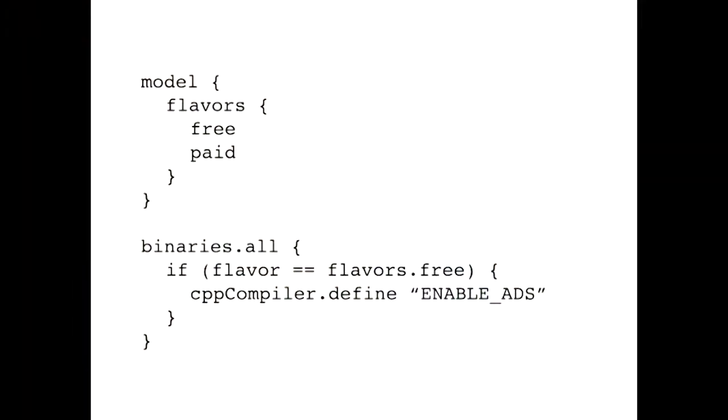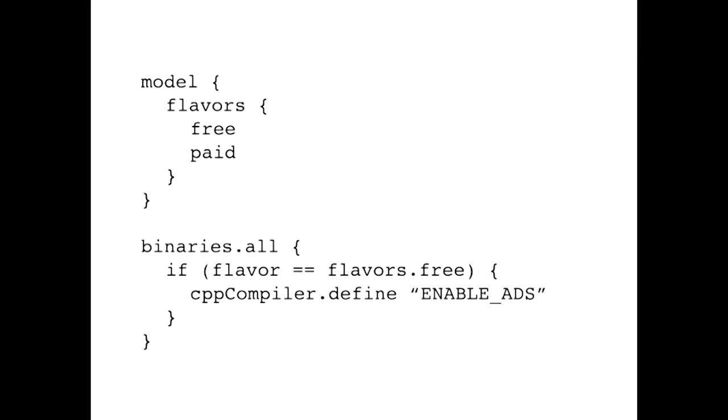If you want to define flavors in your model, this is the way of saying my component has two flavors: a free flavor and a paid flavor. By just defining that, you now have the ability to build two variants for every component that you've defined, a free variant and a paid variant. They'll be exactly the same unless you configure them to be different.